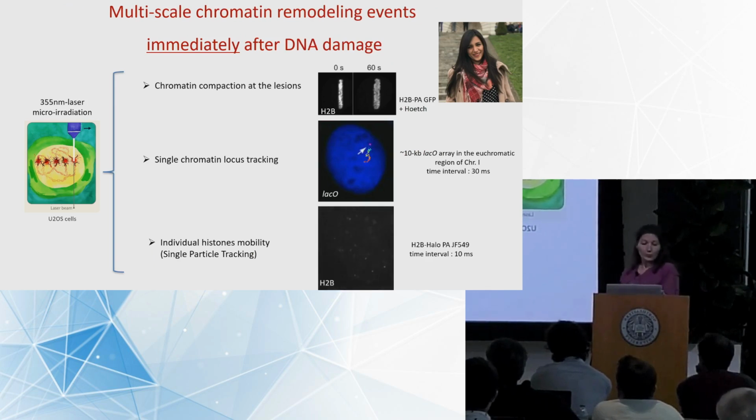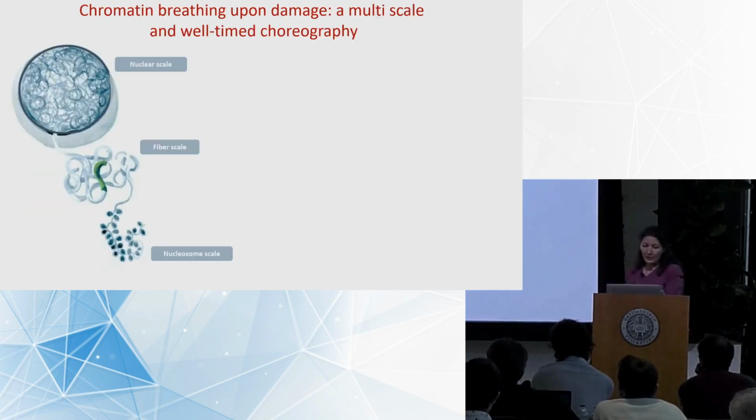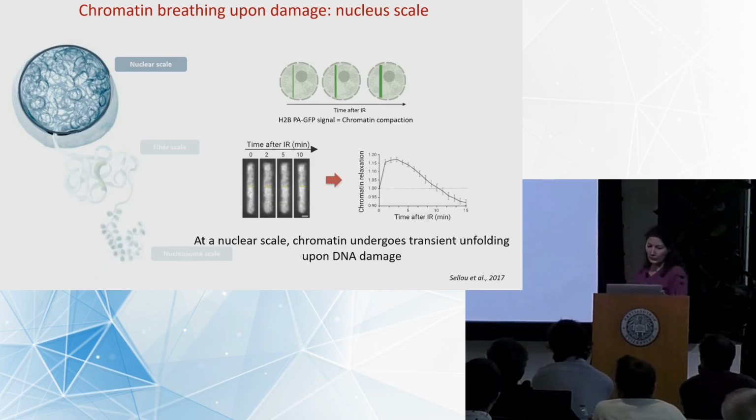So to understand this chromatin remodeling event, we use macro-irradiation to measure compaction at the lesion, to measure the mobility of a single chromatin locus, and also to measure individual histone mobility, all in human cells. In the next slides, I will always refer to the three scales that I described: nuclear scale, the fiber, and the nucleosome. But first, let's see what happens at a large scale.